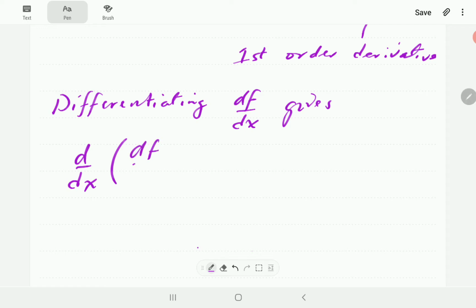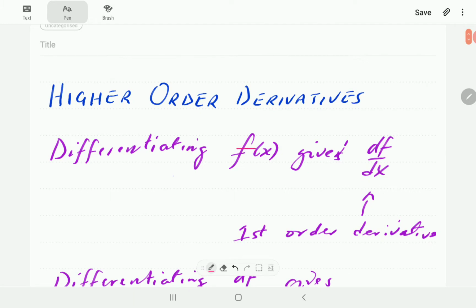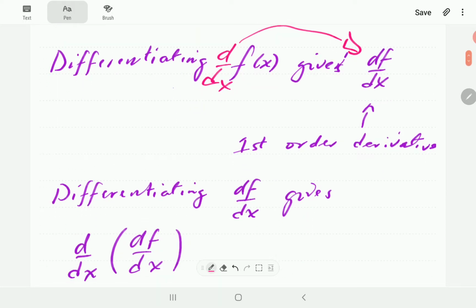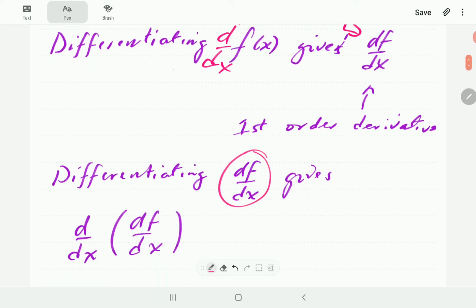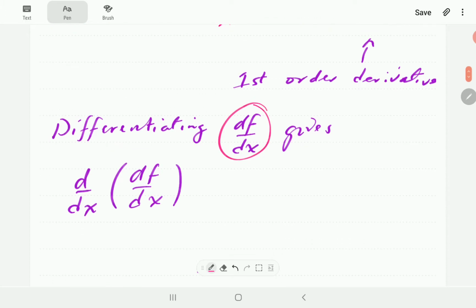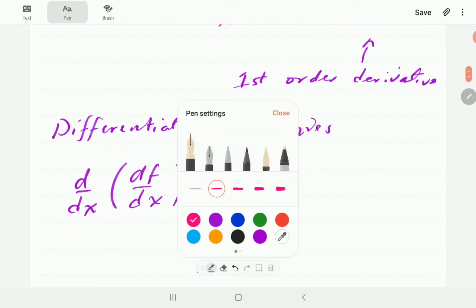So here we are differentiating df dx. This is the same operator that we used here. If we start with this, then we do d dx, then we get that. So if we're differentiating df dx, then we operate on it with d dx.